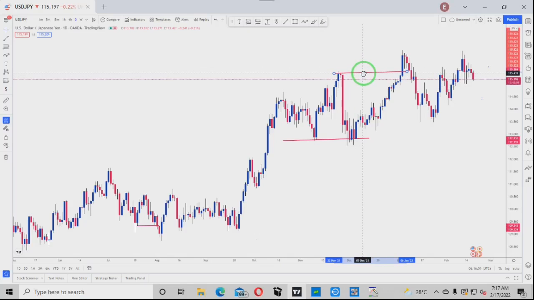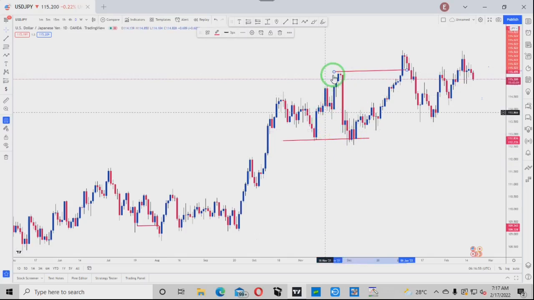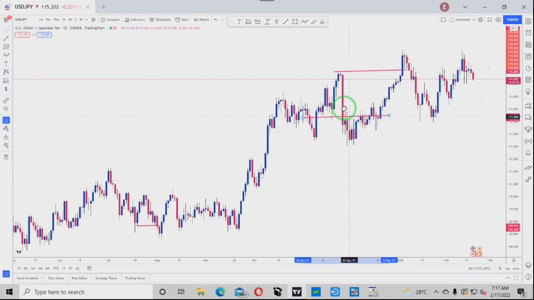And where is the low that produced this high? This is the low that produced the high. So you move your horizontal line to that low that produced the high. So here is your trading range here. From this low to this high is your trading range.